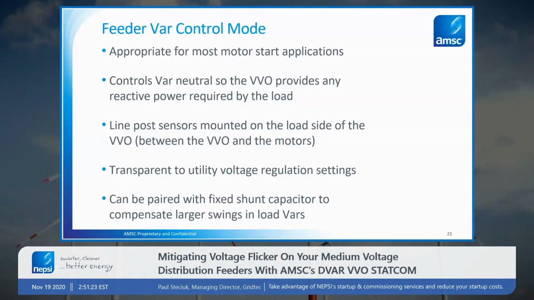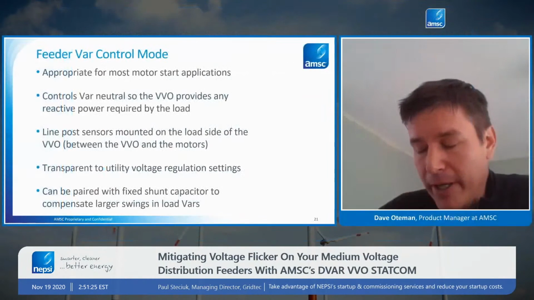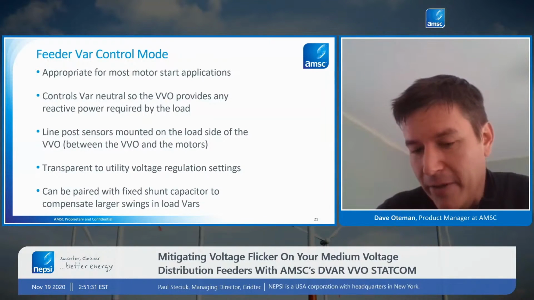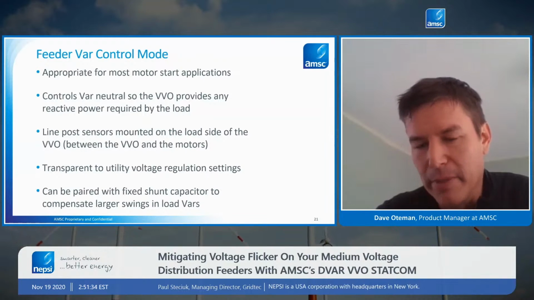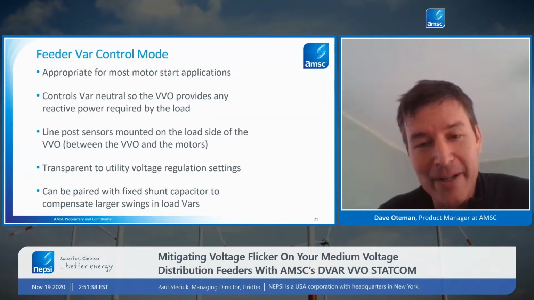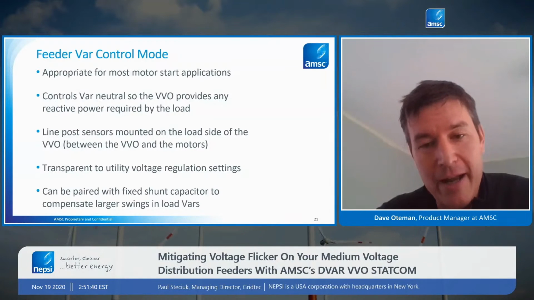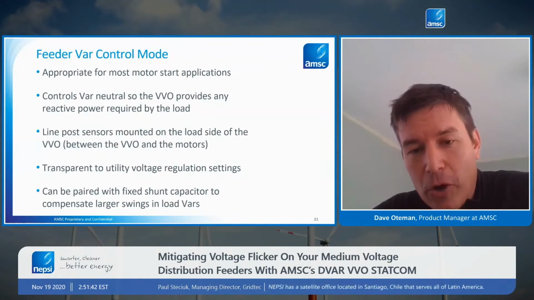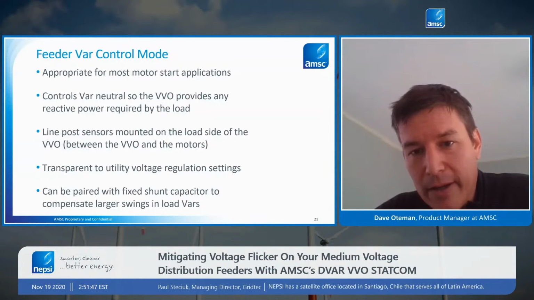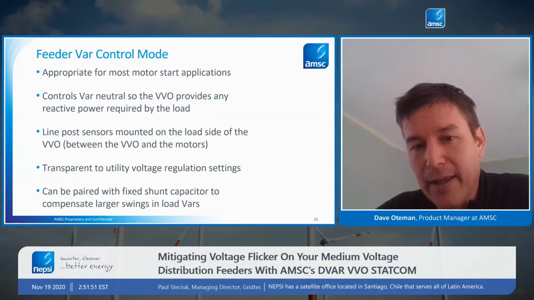Part of the robustness is that because it's not operating on utility voltage specifically, the DVAR VVO will simply allow the utility to set their voltage wherever it needs to be. Depending on where you are in the feeder, the utility might want to run their voltage a little higher, a little lower. In this control mode, we're completely immune to where that initial voltage set point is because the device is only operating on the load side VARs.